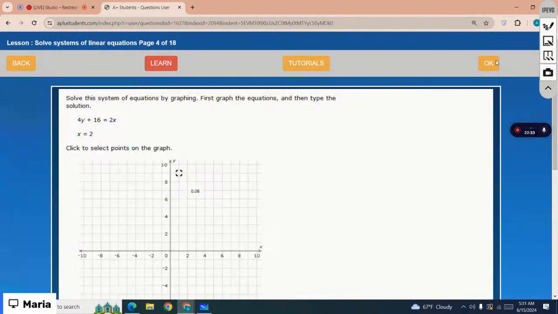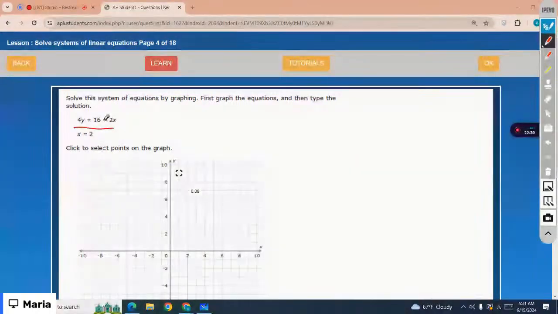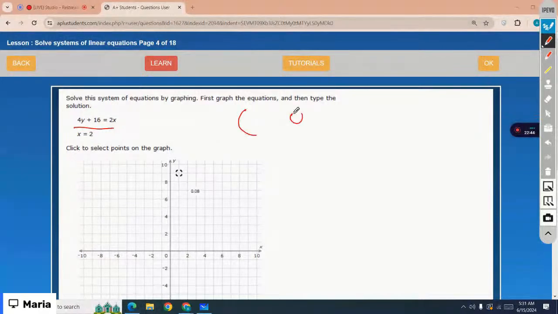Okay, 4y plus 16 equals 2x and x equals 2. So let's just calculate the x-intercept and the y-intercept of the equation, right? When we calculate the x-intercept, we need to put y equals 0. When y equals 0, that is 2x equals 16, x equals 8.